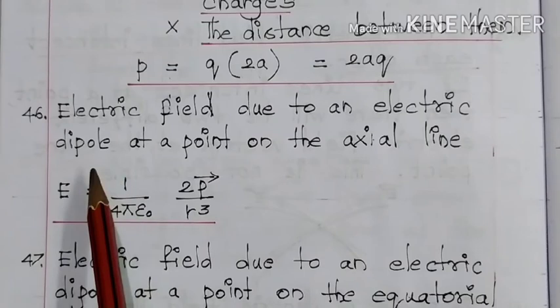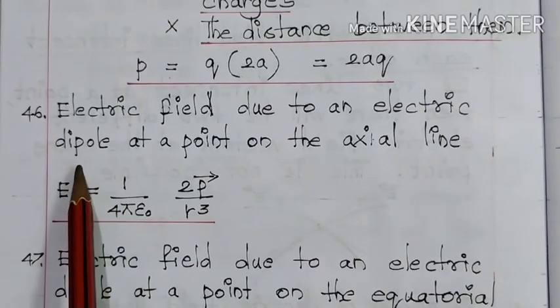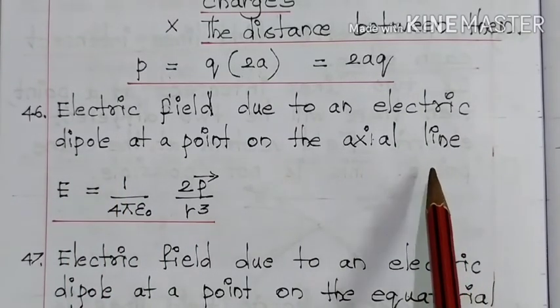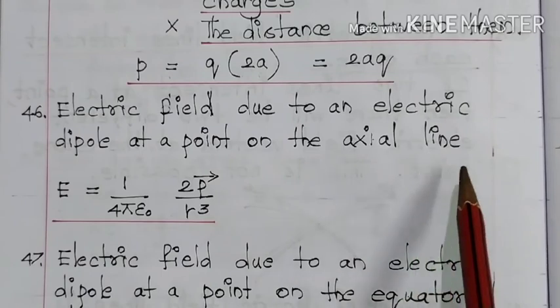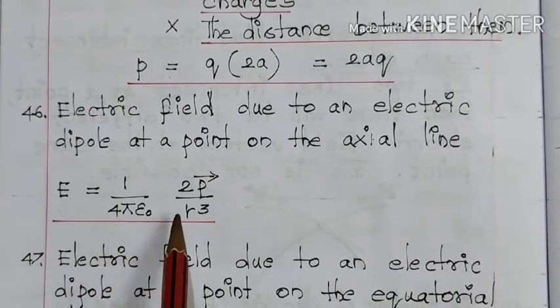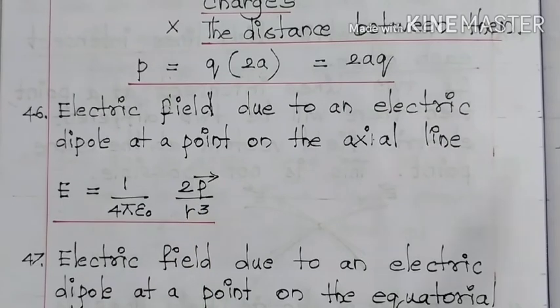There is an electric dipole. On its axial line, there exists a point. At that point, the electric field due to the electric dipole is E is equal to 1 by 4 pi epsilon naught 2p vector by r cube.